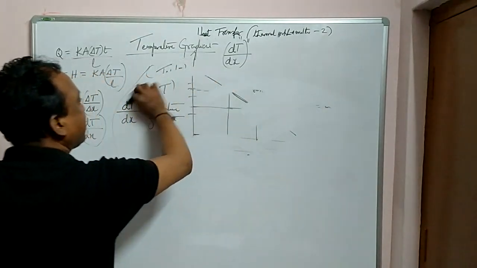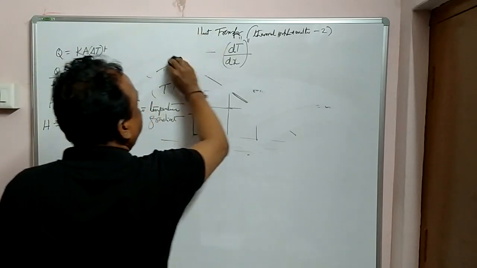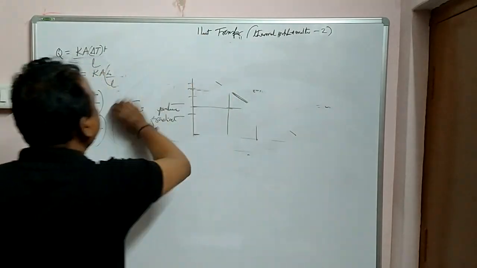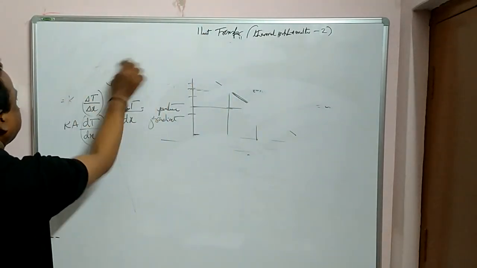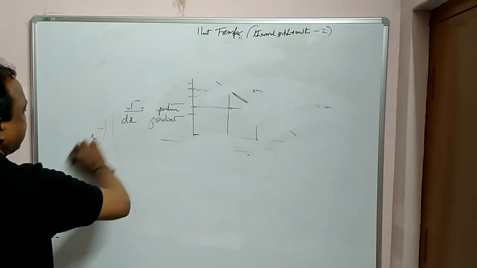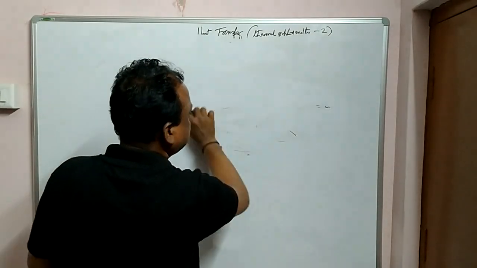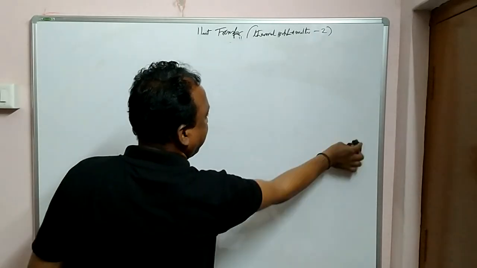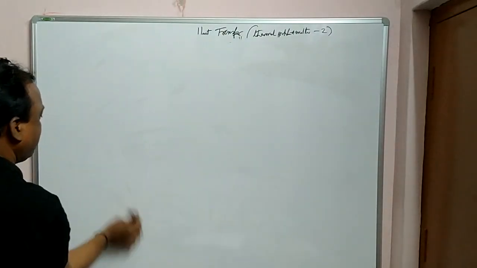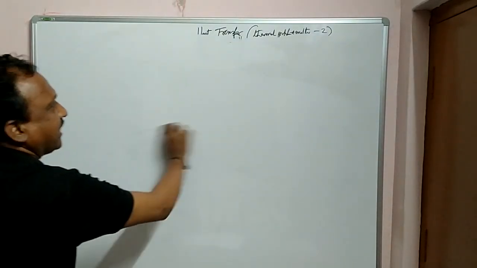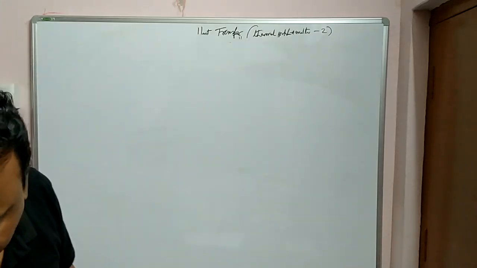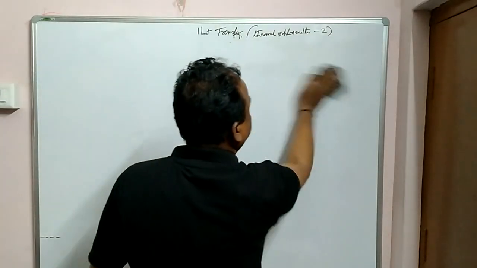Whereas in the entrance examination, whatever final value you get, you can remember and use in the numericals. So now let us derive an equation for series connection of rods, and thereby we will get a value for the coefficient of thermal conductivity. Let us see what the final value will be.